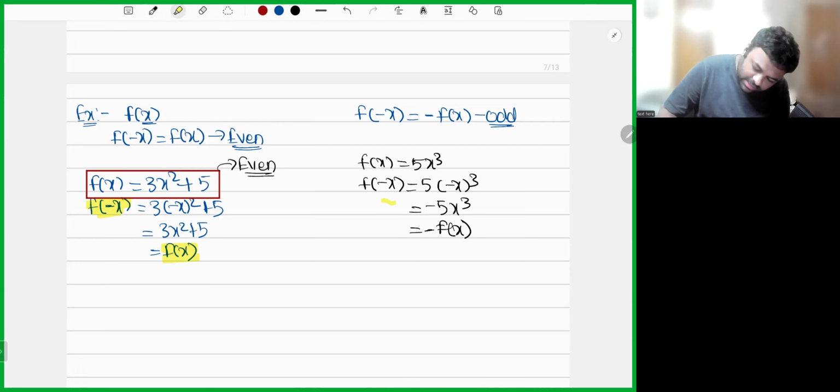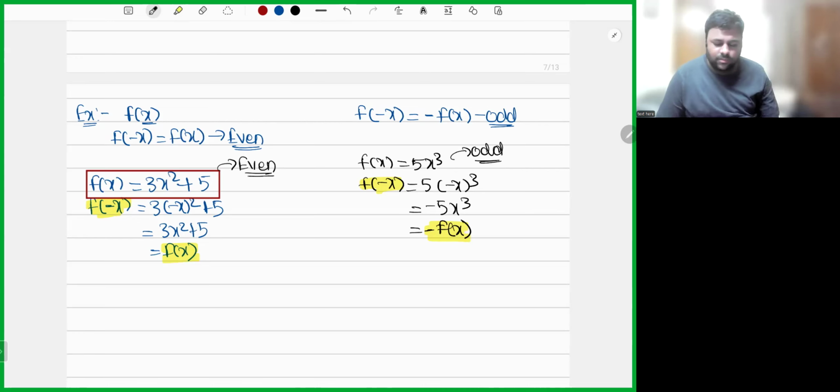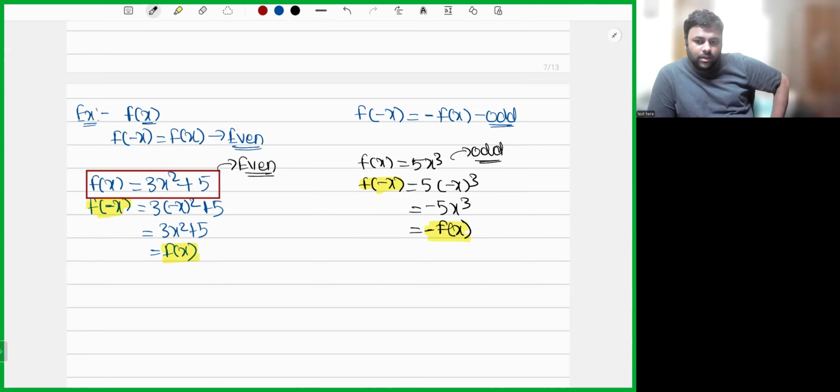So f of minus x has given you minus f of x. So what type of function is this? It's an odd function. So I hope it's clear what is an odd function and what is an even function. Yes, sir. Odd function: f of minus x is minus f of x. Even function: f of minus x is equal to f of x. Okay.